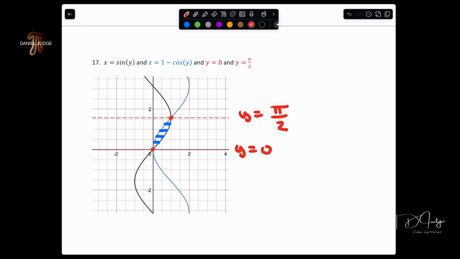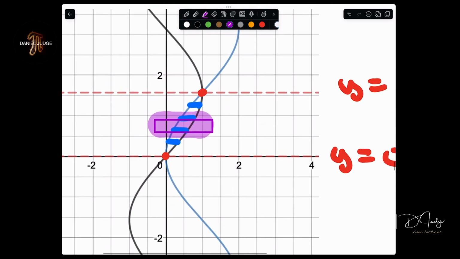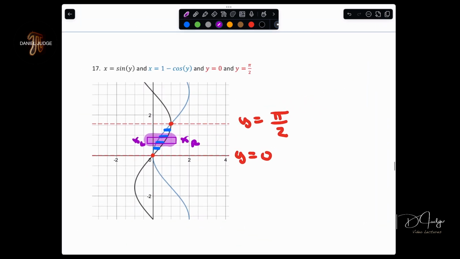So how that looks now for the area, we're going to do the approximating rectangle. There it is. It's actually bigger than what it has to be. You guys can see that. But we need the right curve minus the left curve. Okay. So which one is which? Well, we got x's sine.